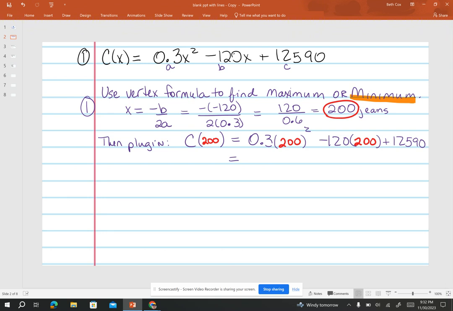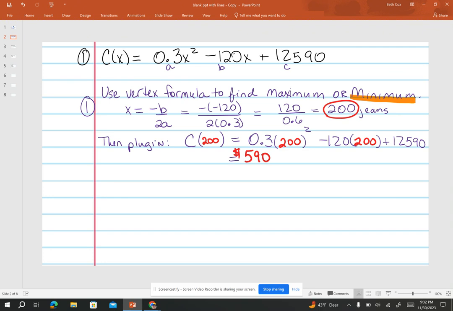And we're going to get minus 120 times 200 plus 12,590, and I get $590. And so that's the minimum cost.